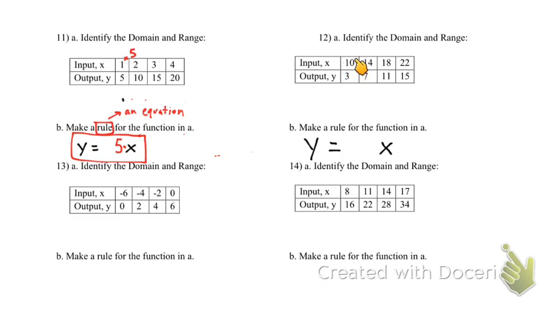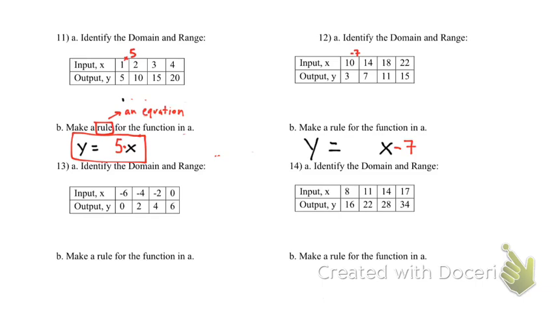Okay? The first thing that comes to mind, the simplest thing is, well, what if I subtract 7 from 10? 10 minus 7, does it give me 3? Yes. So this might be my rule, subtracting 7. So I'm going to put it here and test it out.